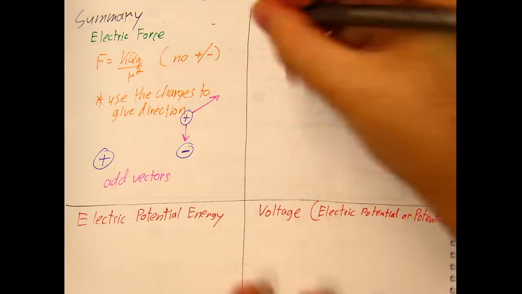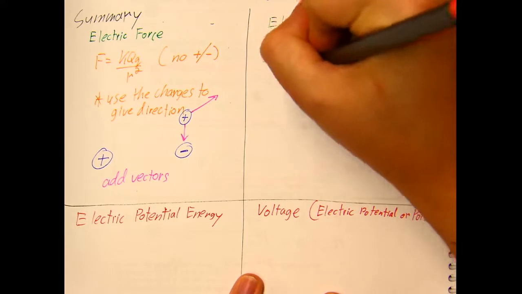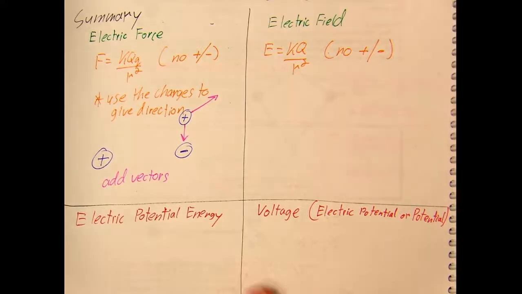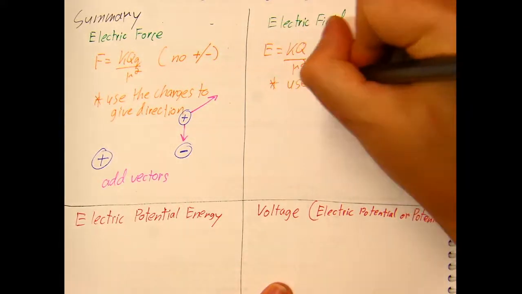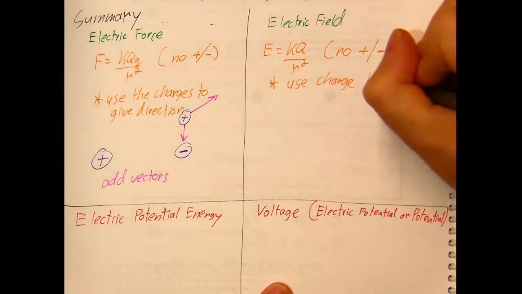Electric field is similar. E equals KQ over R squared. Again, no positive or negative used here. We use charge to give direction.